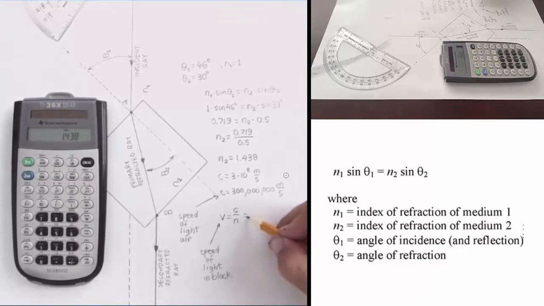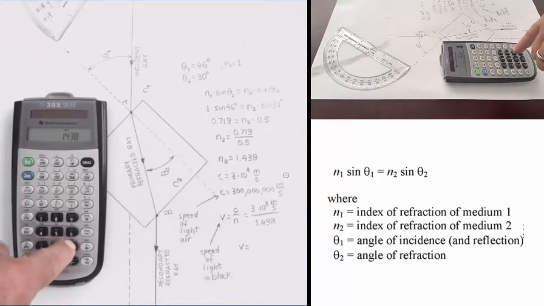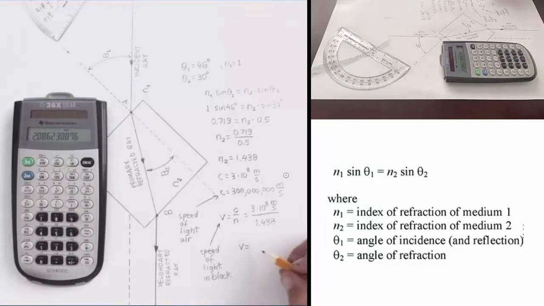So here we are going to substitute 3 times 10 to the 8 meters per second for c over 1.438. And for this one you can also do the calculation. We're going to do just 3 over 1.438, which gives us the value of 2.086 rounded, times 10 to the 8 meters per second.